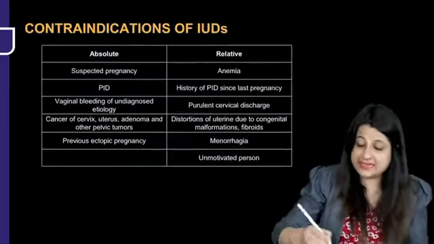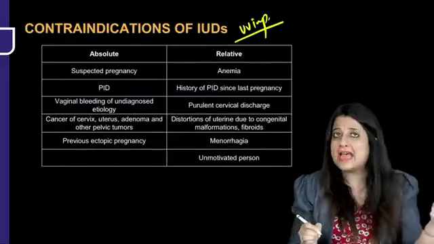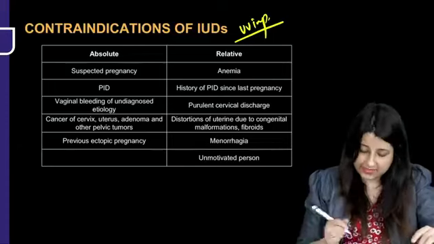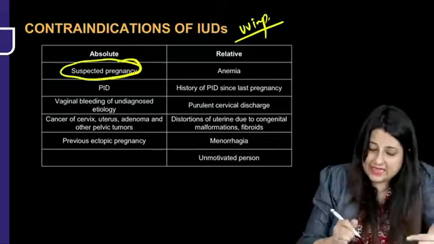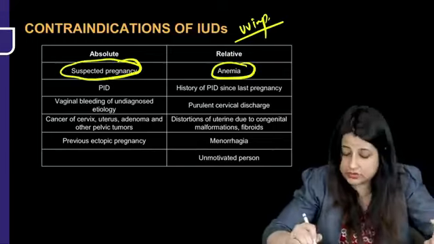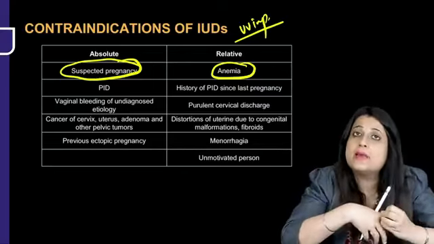Another thing, contraindications of IUD, very, very important for your last minute revision, absolute and relative. So you can just make a 2x2 table and try to understand this. Suspected pregnancy is in absolute, in relative is anemia. Why anemia? Because the most common side effect of IUD insertion is bleeding, right?